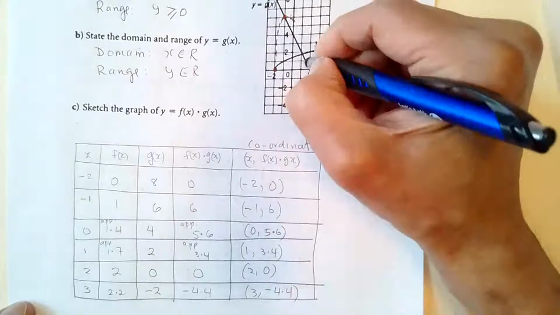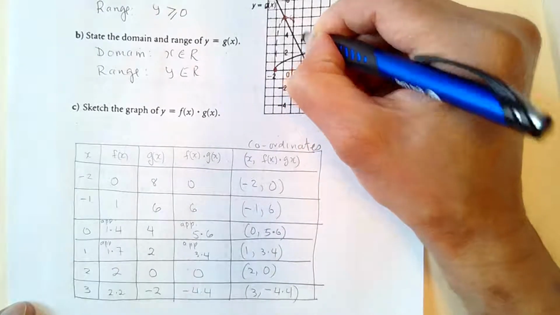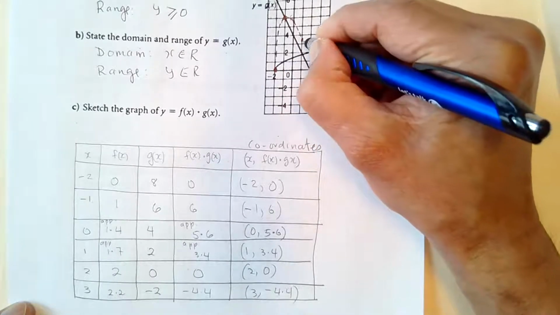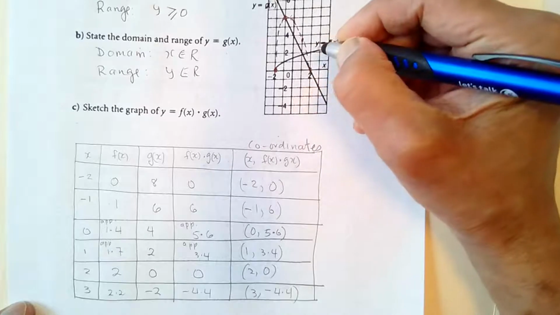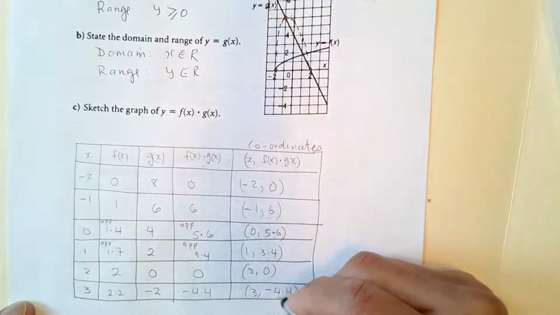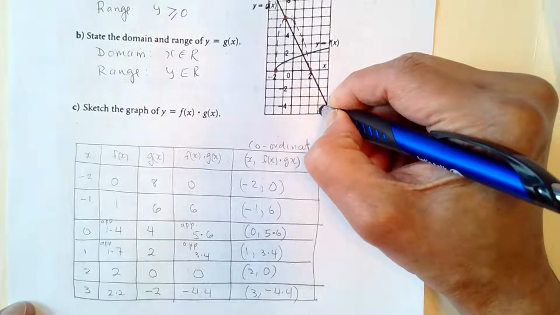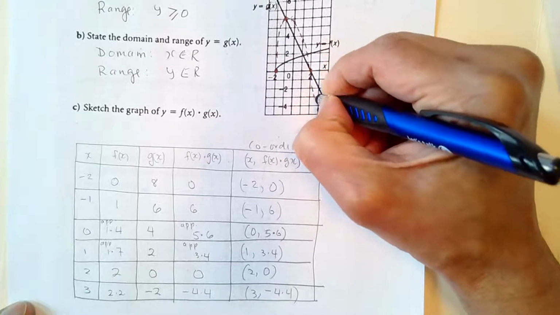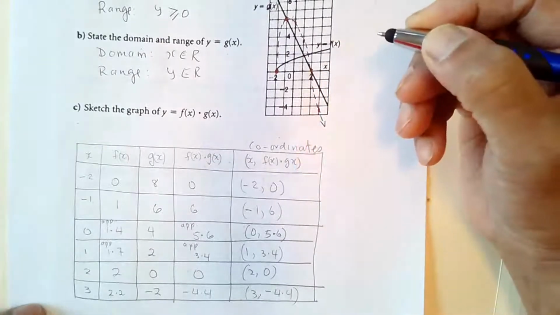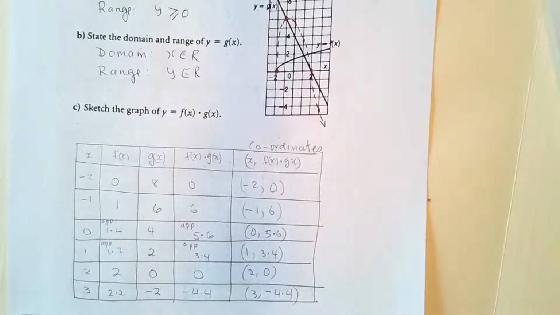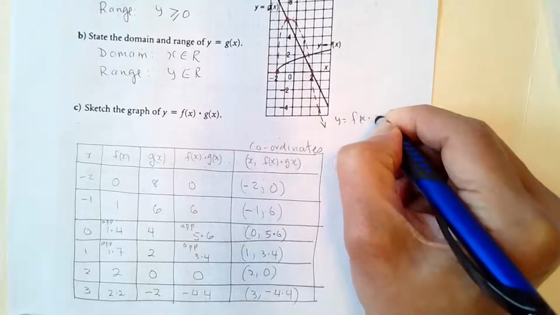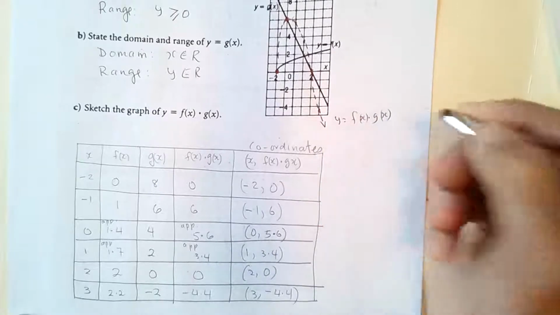Then 1, 3.4, then 2, 0. And then 3, -4.4, which is out here. So that's our graph, which is y is equal to f of x times g of x.